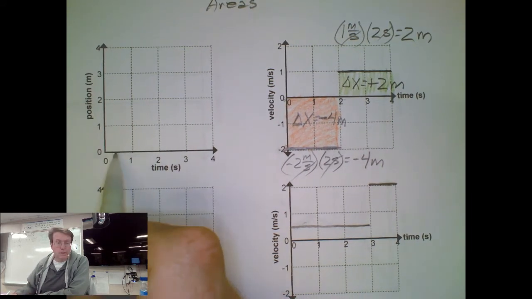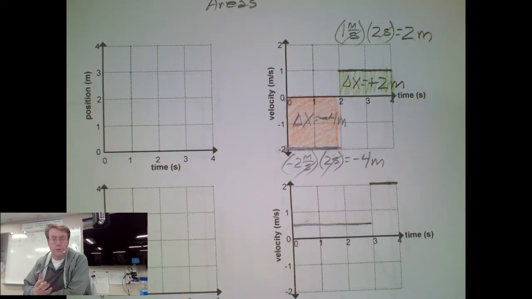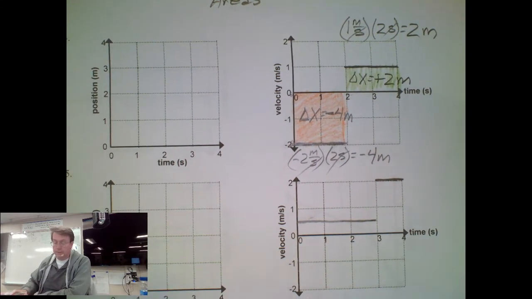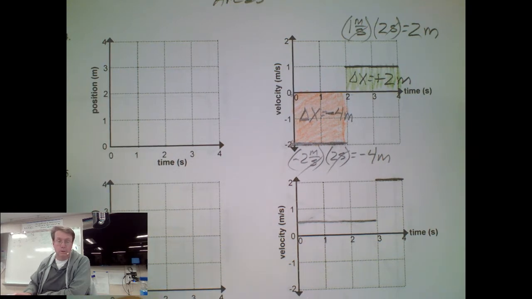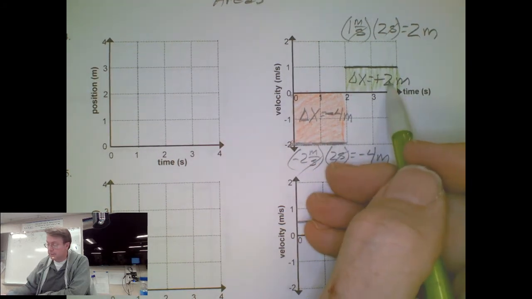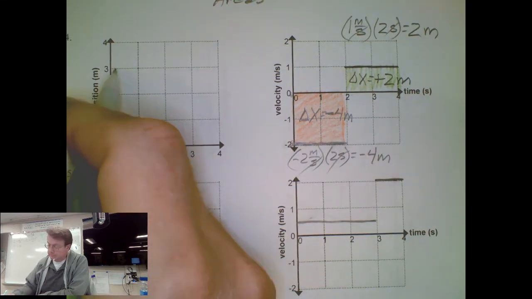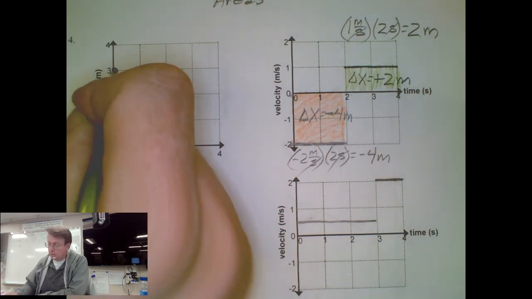So coming over to my position graph, again, the velocity graph doesn't say anything about where you start. So if there's nothing here to tell us where to start, we get to pick. So I've got some negative displacement and a bit of positive, but it's mostly negative. So I'm probably going to want to start up high. So I'll start at 3.